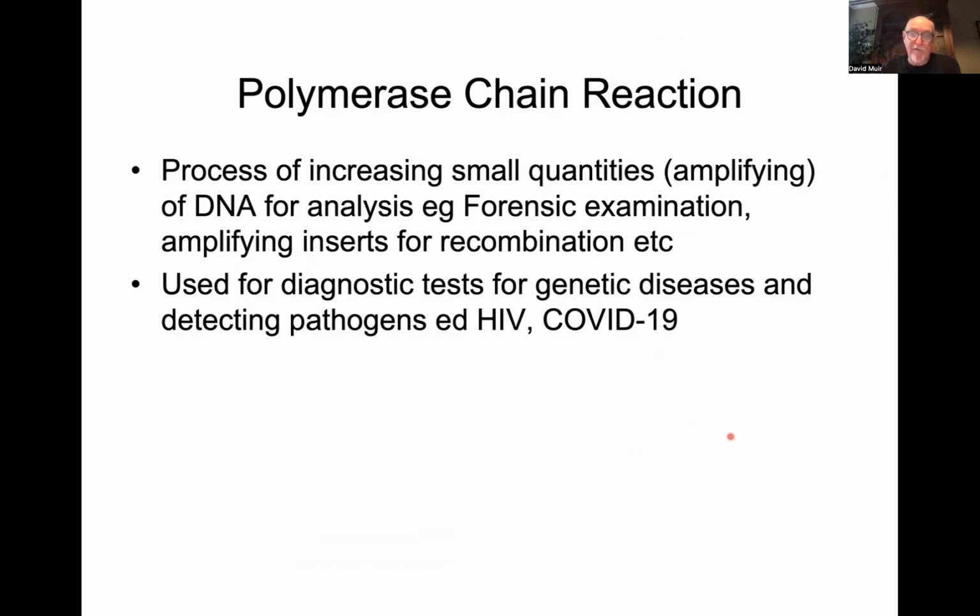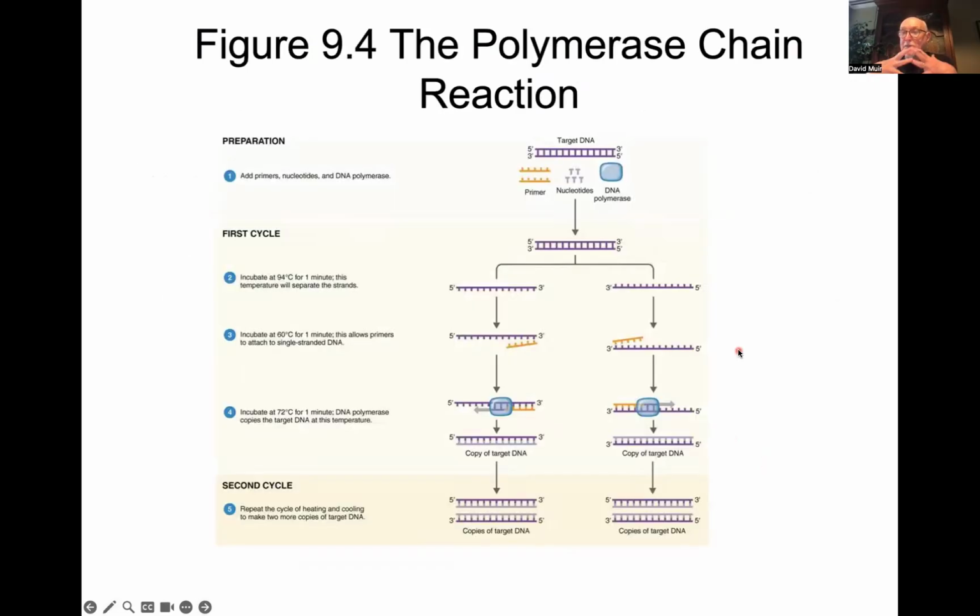In case of COVID and HIV, it's actually RNA, but we have ways of doing it by polymerase chain reaction nonetheless. Okay, so it's in theory a relatively simple technique, and it depends upon some properties of DNA.